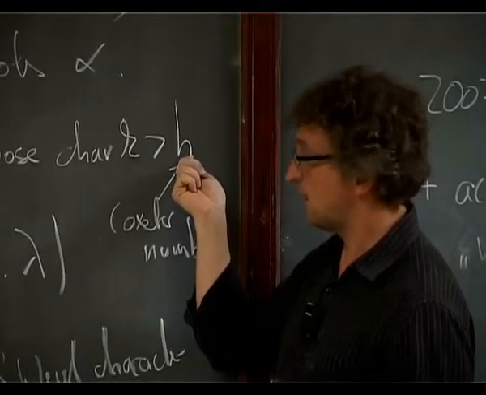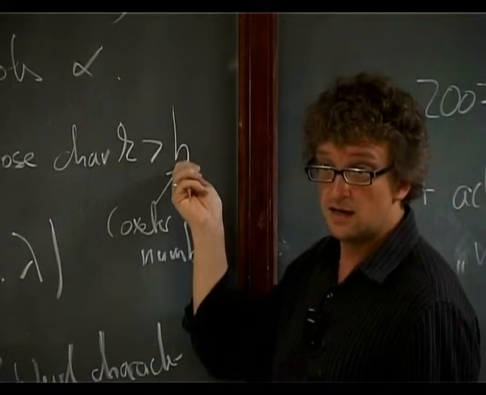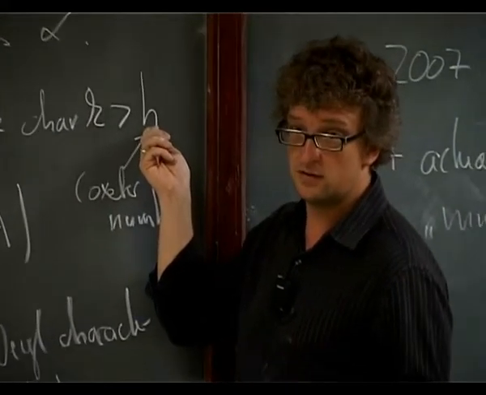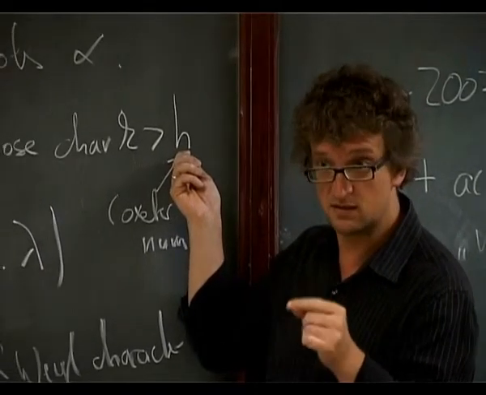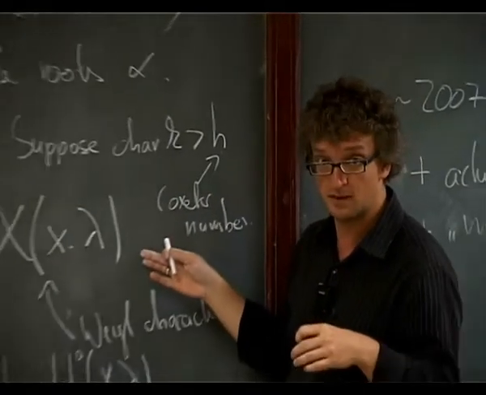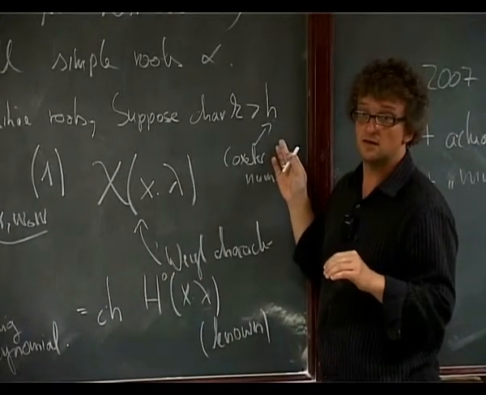I calculated it once explicitly for GL8. Remember, the bound Lusztig gave would be 8, so it should hold for each prime number above 8, and my bound has about 40 digits.